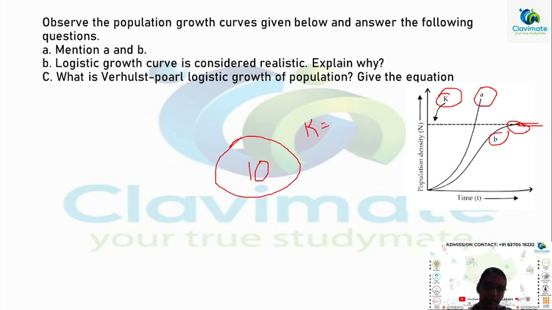That is, the maximum number of individuals a population can attain in a particular habitat is called the carrying capacity, that is K.